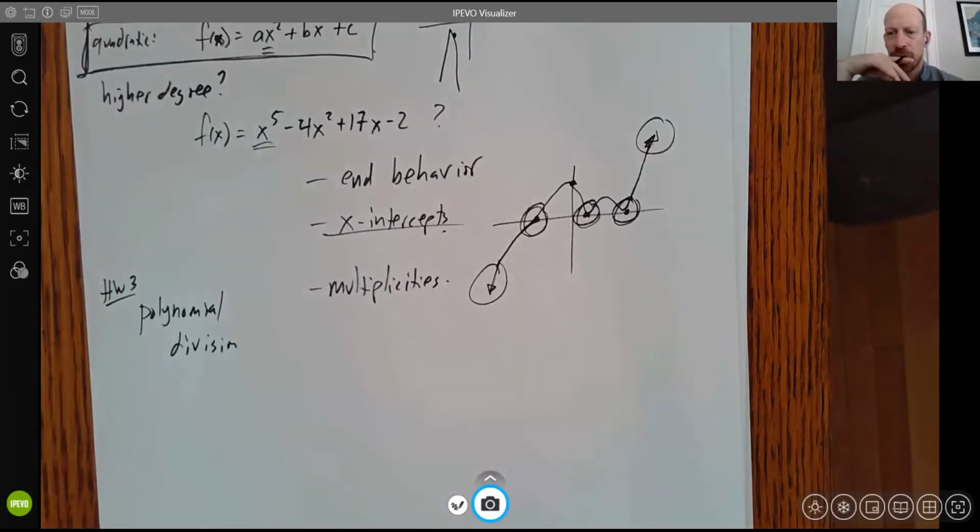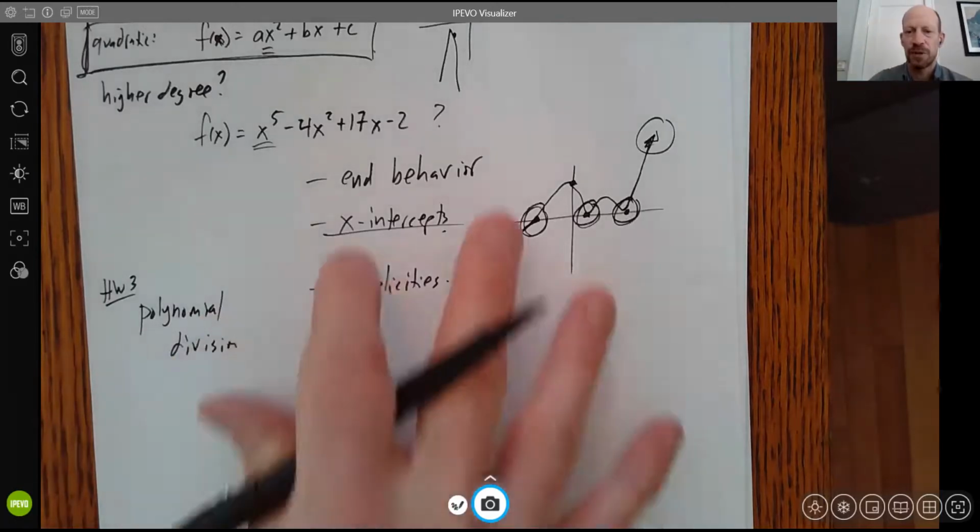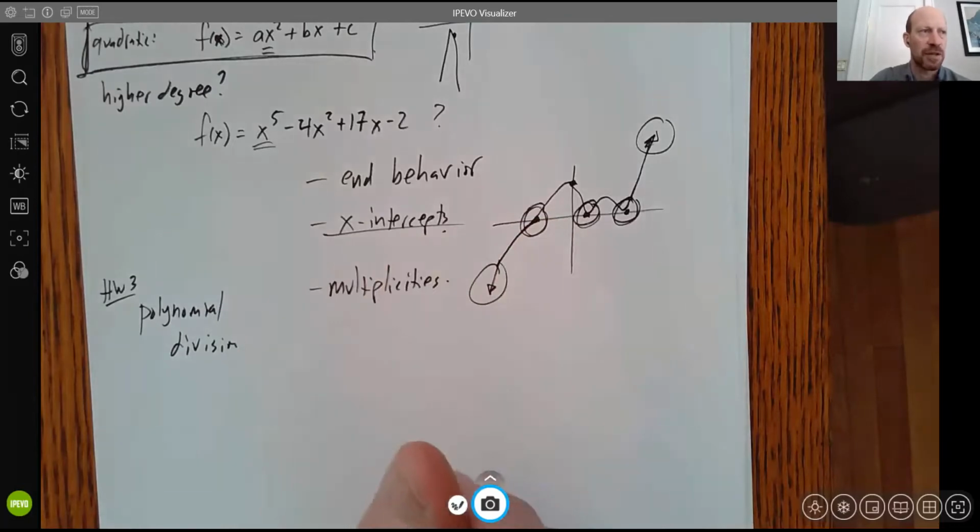And that is a little skill or operation that we need to help us figure out some of this information. And then we'll put that all together in homework 4 to try and figure out these zeros or x-intercepts. Okay. So again, I didn't really tell you how to do any of those things, but just a little bit of an overview so that you can see what we're working towards in section 3. Okay.